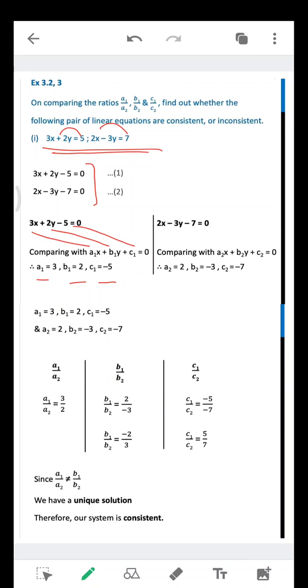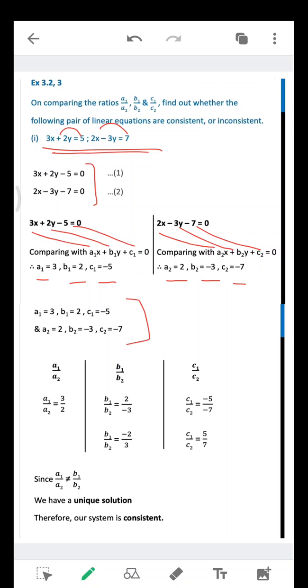Similarly we'll find the a2, b2 and c2 values because this is the second equation. What is the coefficient of x here? a2 is 2, then b2 is minus 3 and c2 is minus 7. So this way first we will find the coefficients, and I'll write all of them here.